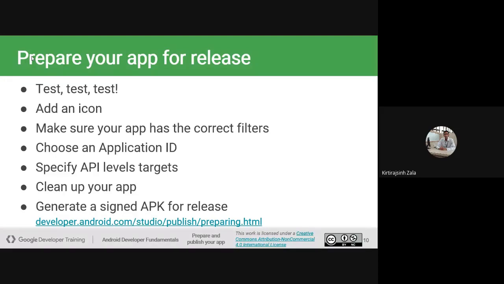specify the API level targets. Okay, API level target means, I think we have already discussed Android API levels. Right now, API level 29 or 30 is the latest. So whenever you make any application, you need to decide on which API level your application will work.